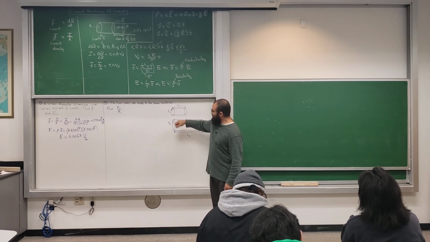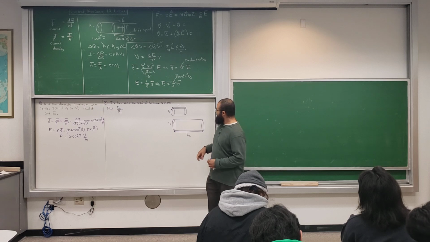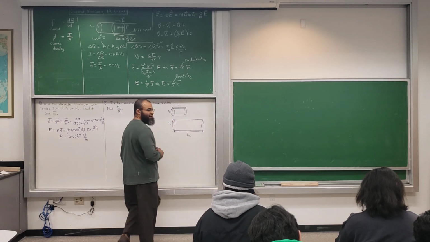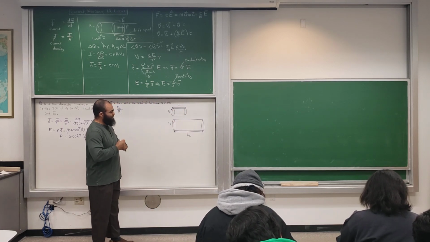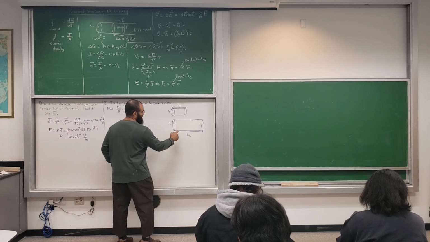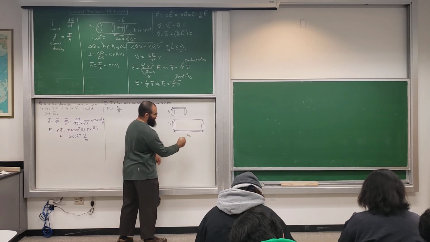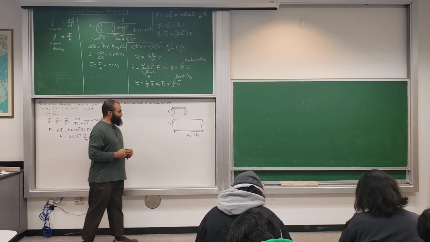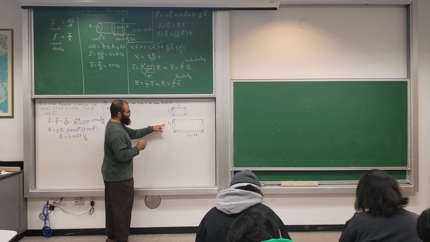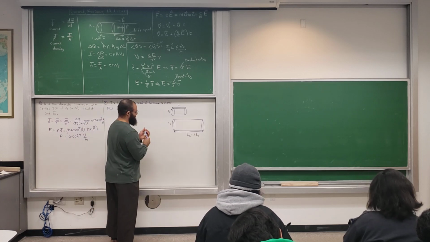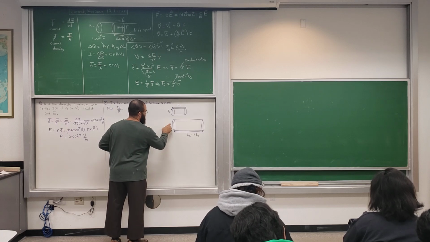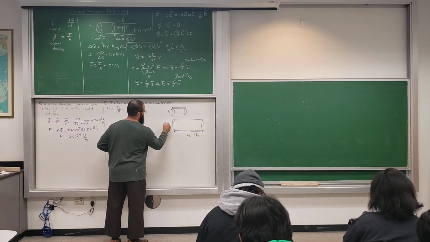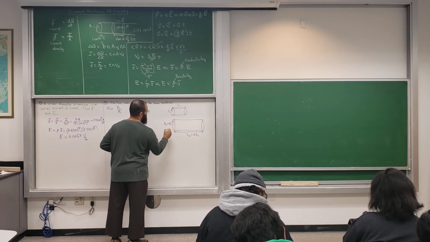So they're both made of the same material. This one has radius R1 and length L1. However, the other has radius R2 and length L2, where L2 is twice the length of L1 and R2 is twice R1.